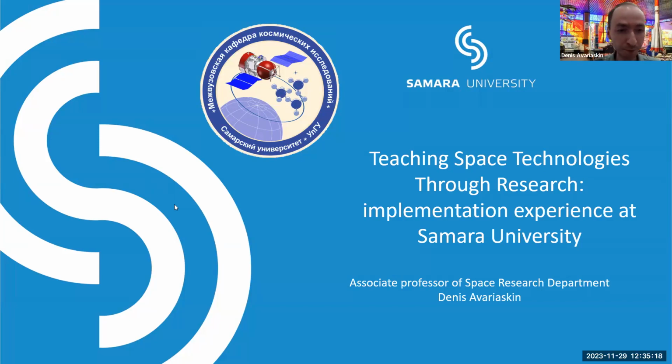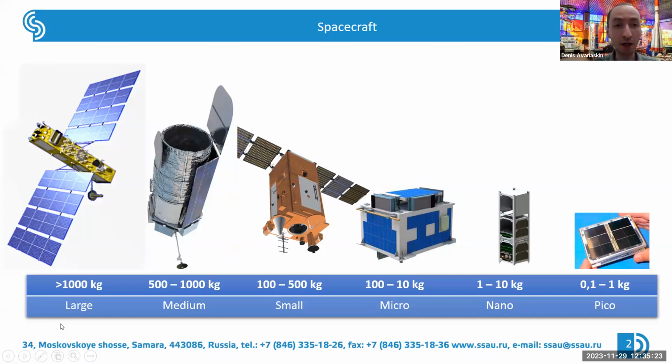So first of all, I want to start with space technologies. Basically, space technologies are based on spacecrafts or satellites, which fly around the Earth, or they can go to other planets.